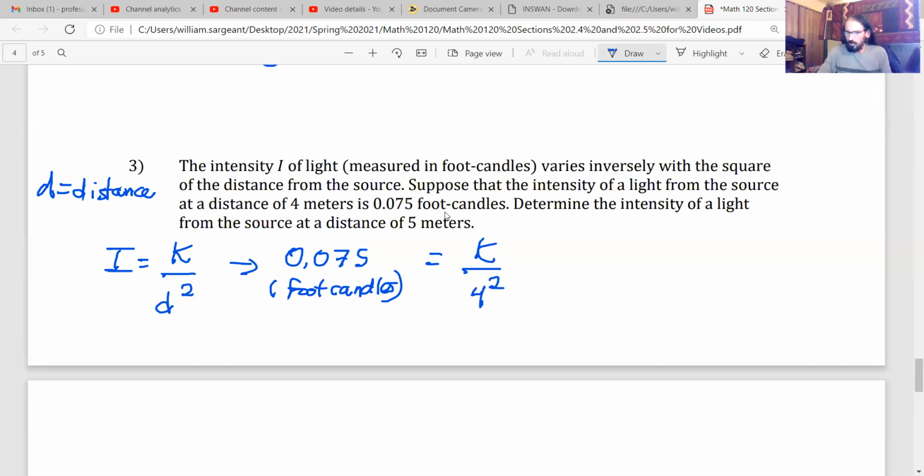Four squared is 16. And since 4 was in meters, this is a meter squared. I'll just abbreviate foot candles as FC.